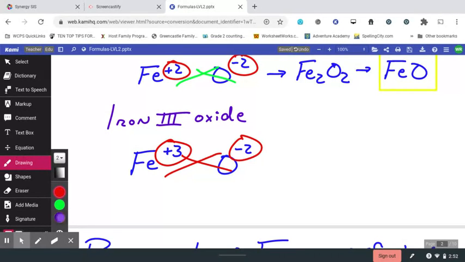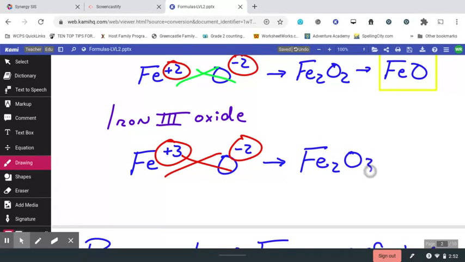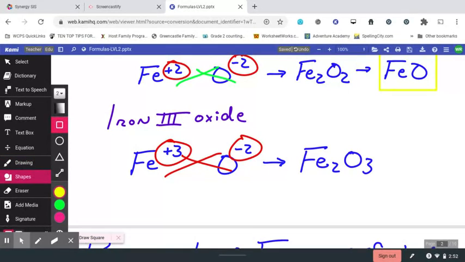And so when we rewrite this with the formula, you get Fe2O3. Now 2 and 3 won't simplify down, so that's as far as it goes. Fe2O3.